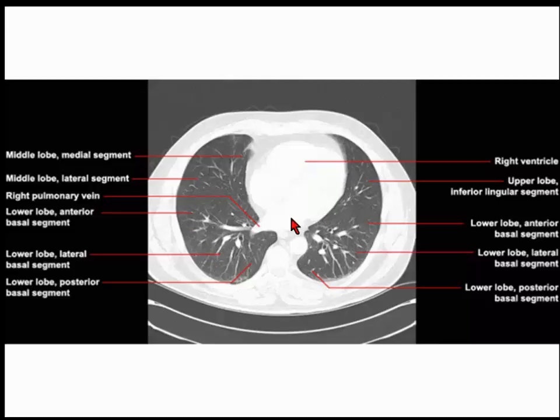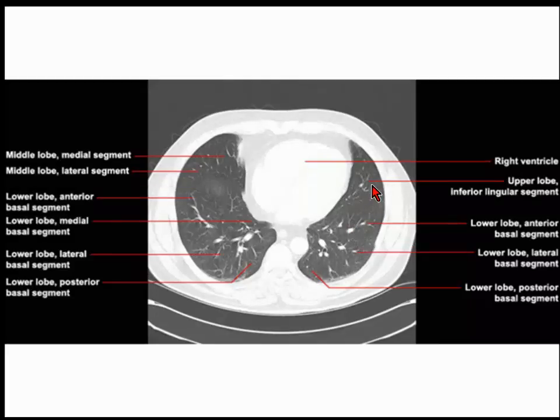So it basically is similar. The fissure would be somewhere here, probably it's there. So again, upper lobe, inferior lingular. The superior disappears, and the predominant larger portion of the upper lobe bronchopulmonary lingular segment is the inferior lingular. And then on the other side is the middle lobe lateral segment.